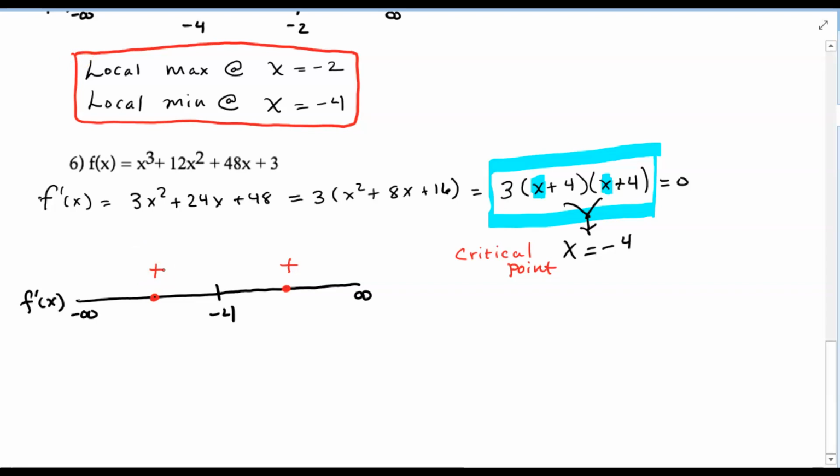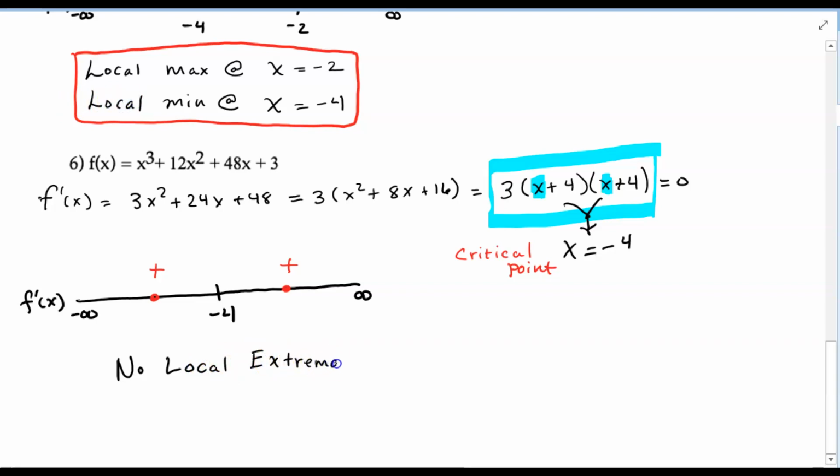The derivative doesn't change sign at all. -4 is still a critical point because that's where the derivative is 0, but it's not a point at which we have an extrema. So we don't have a minimum or a maximum. Therefore, we say that there are no local extrema, and that is definitely a possibility with some of these functions.